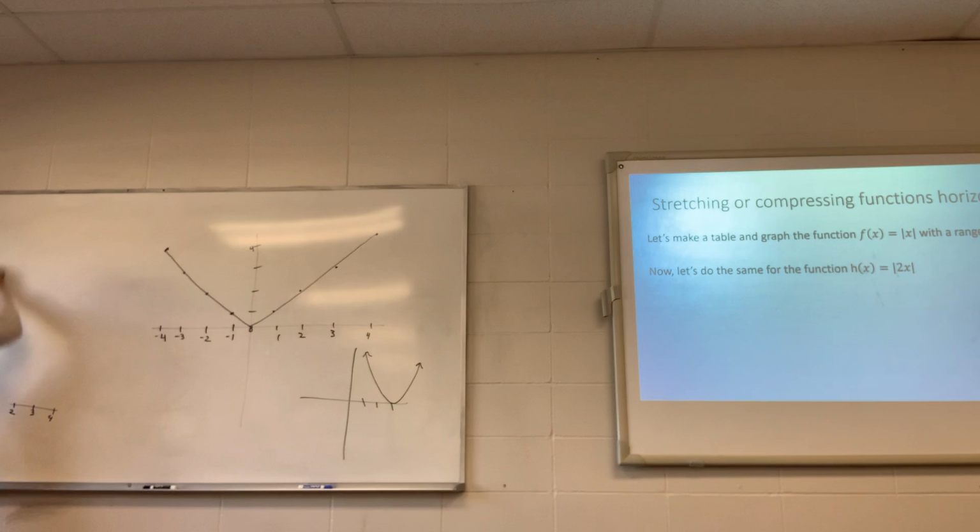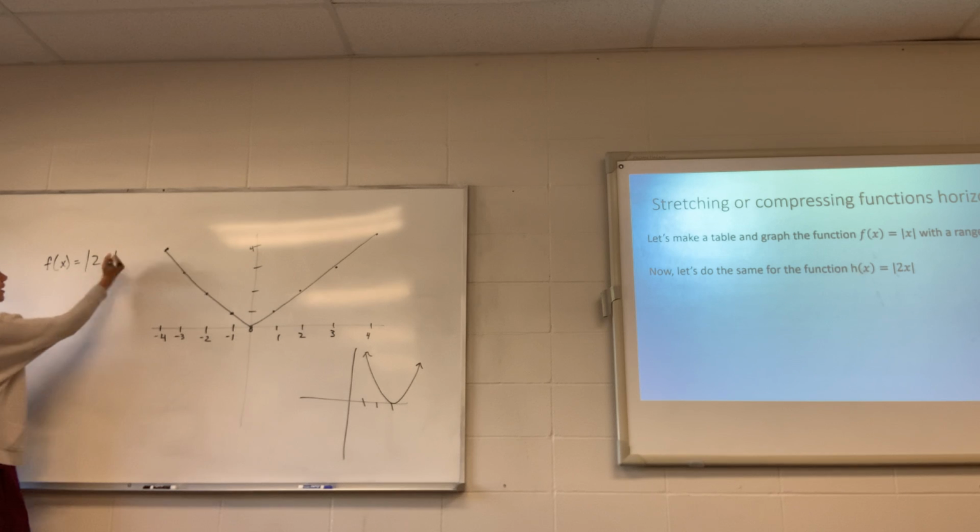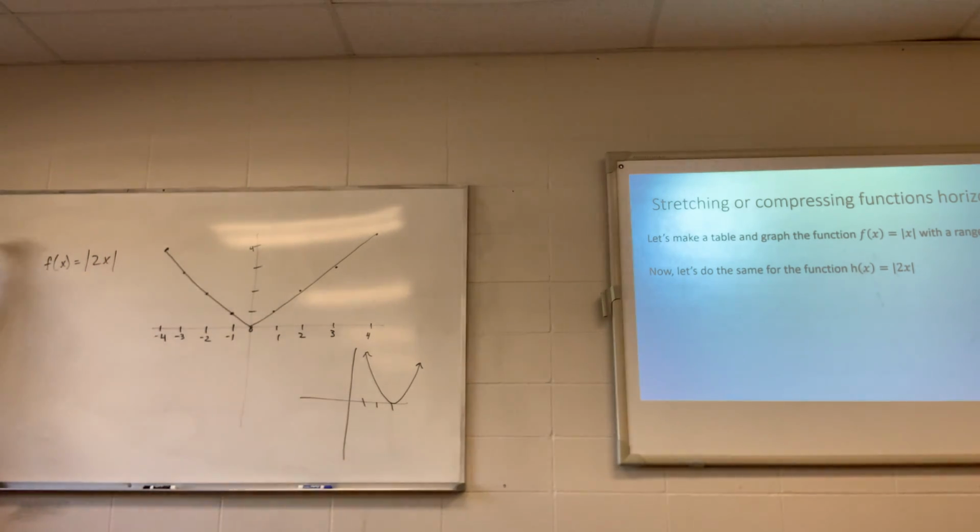So, I can start over here. If I have the function, f of x is equal to the absolute value of 2 times x, we'll go from -4 to 4.